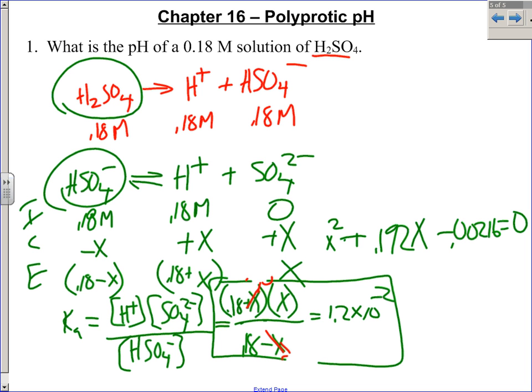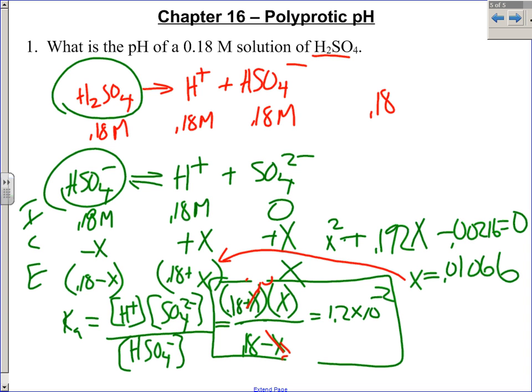And when I plug that into the quadratic equation and solve for x, the quadratic equation says x equals 0.01066. Notice once again, since I'm not getting my final answer yet, I'm keeping extra significant digits. So through the quadratic equation, that is what x equals. Now remember, my question was, what is my H plus concentration? It was 0.18 plus x.